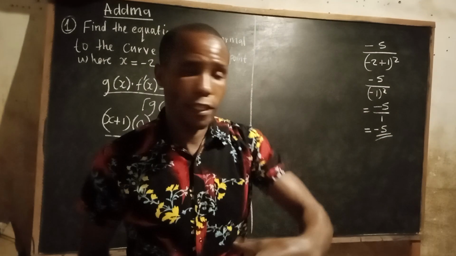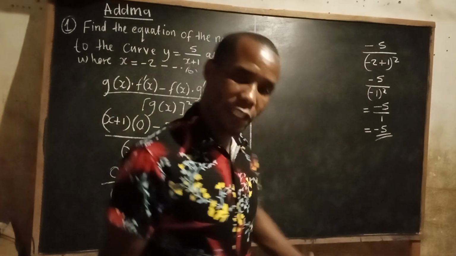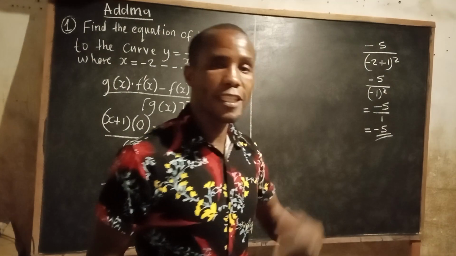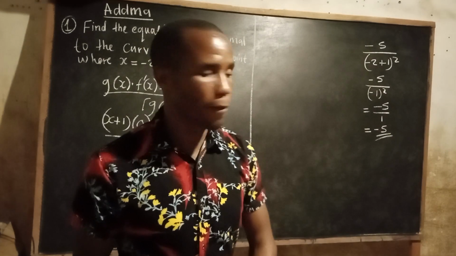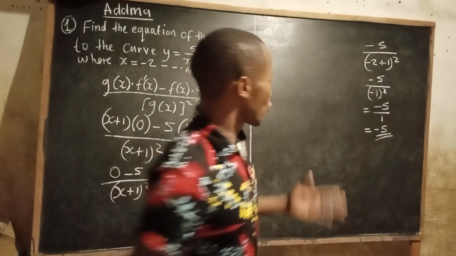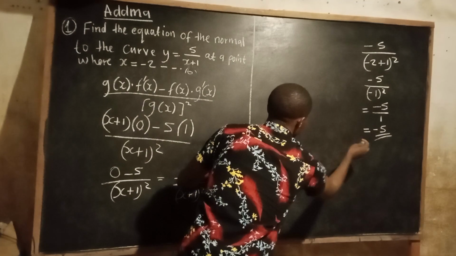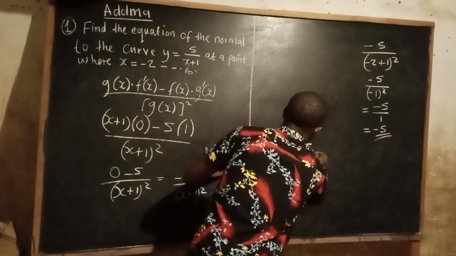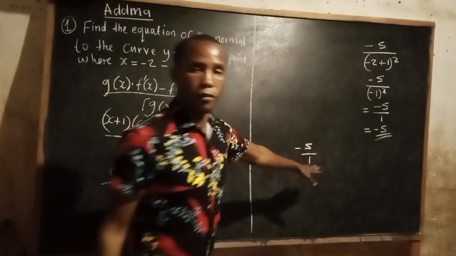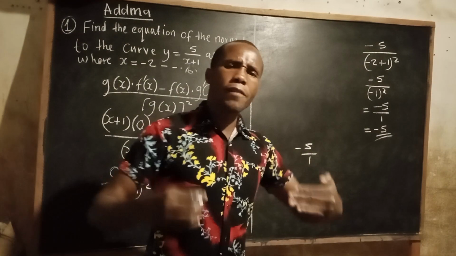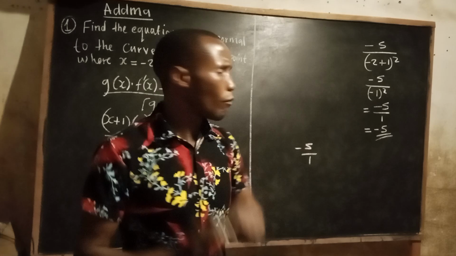Okay, so what we do there, the simplest way of finding the gradient of the norm is just to reciprocate, okay, and negate. So what do I mean when I say that? We have here, for example, we have 5, that is the one we have. Remember, this is over 1. You must know that, okay?